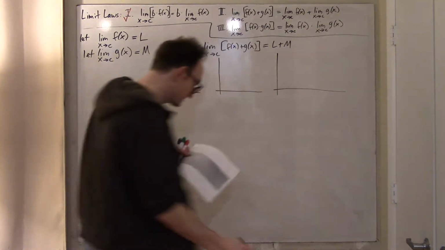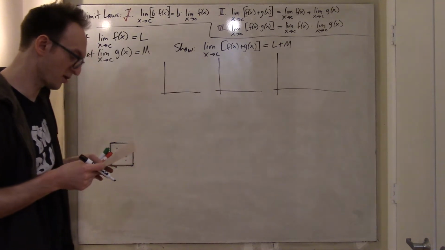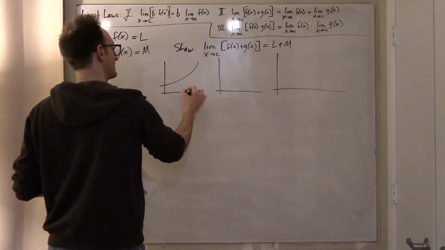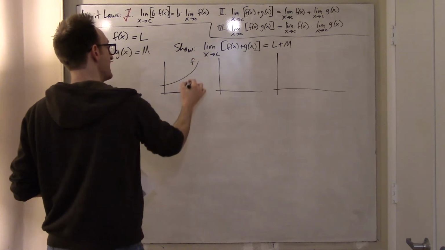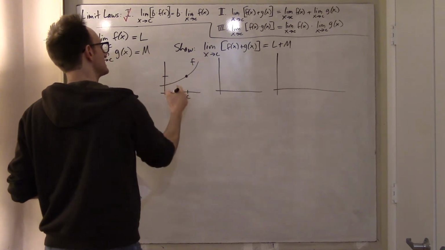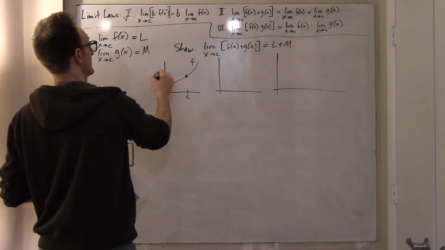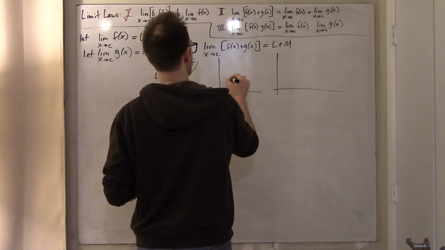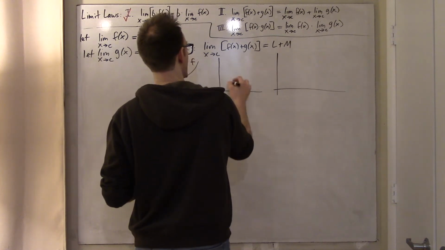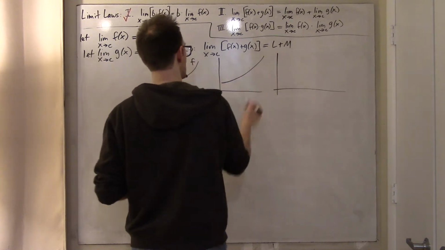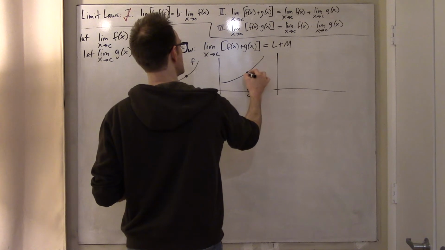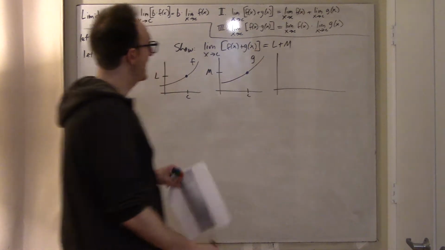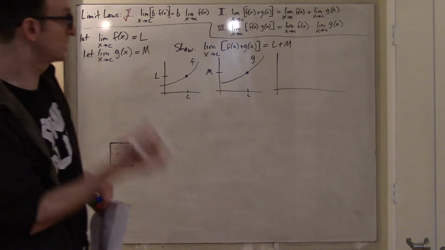So we have some function f, doing something like this. Here we are at c, and this is going to be pretty much L. And I have some function g, which doesn't really matter what it looks like, and this is pretty much m.